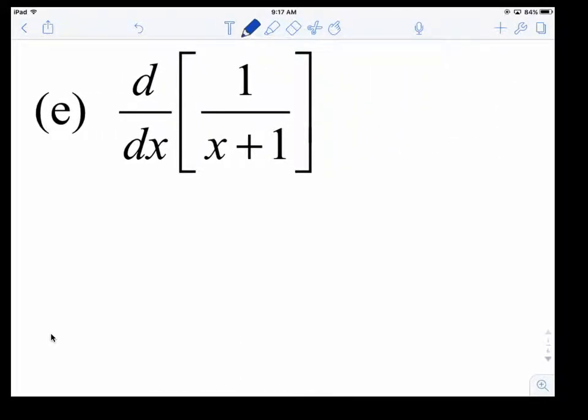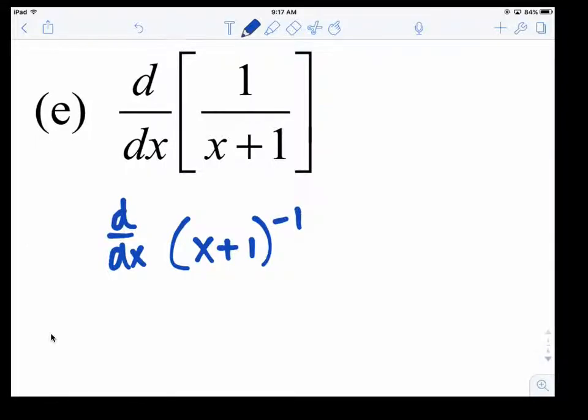All right, so how would you rewrite that expression? Good. So you have x plus 1 to the negative 1, right? So what would be on the outside, the outermost function?